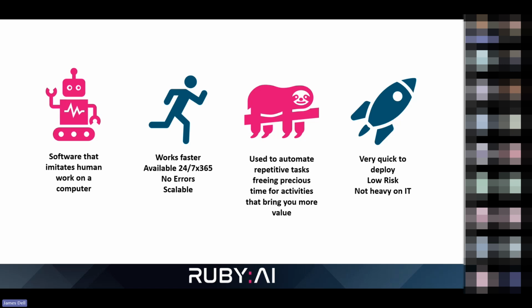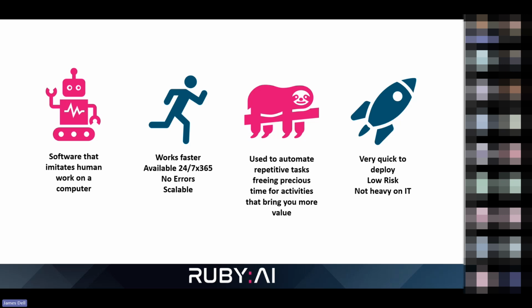And ultimately, it's designed to take on those repetitive tasks, freeing your team up, your staff up to do what makes them valuable. We don't pay people to sit and do mundane tasks because they're good at mundane tasks. We make them do the mundane tasks because it makes the business better.